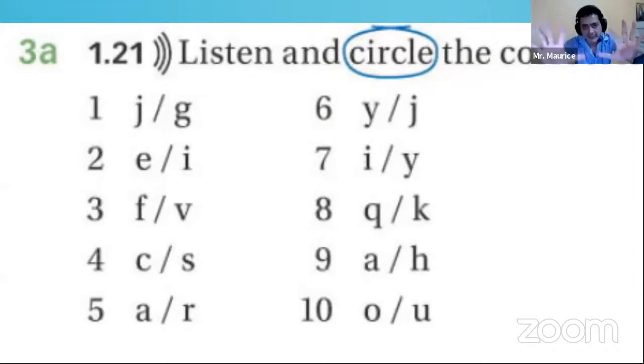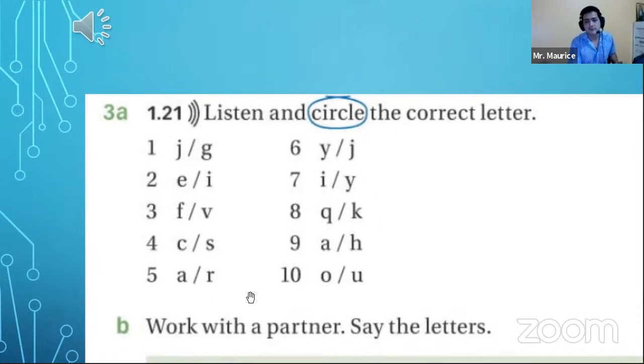Tenemos 10 ejercicios. Each exercise has 2 options. So you have to listen and decide which is the correct option for number 1, 2, 3, up to number 10. Okay, you listen and circle.